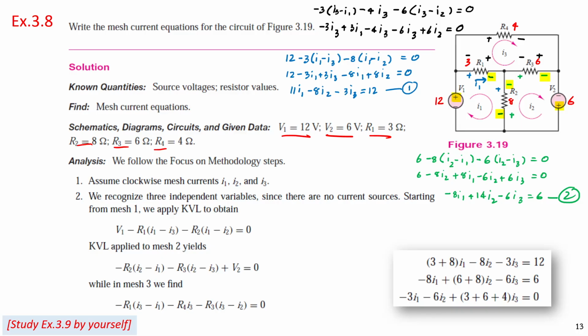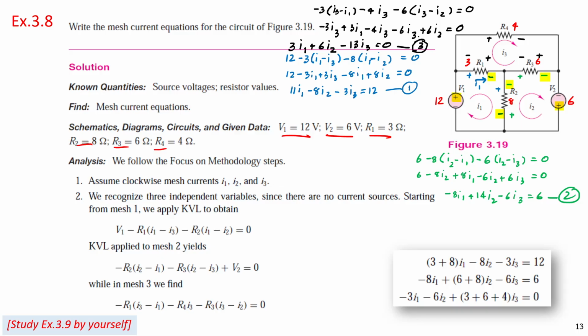Then 3I1 plus 6I2, and for I3, minus 3 minus 4 minus 6, minus 13I3 equal to 0. So this is equation 3, right?